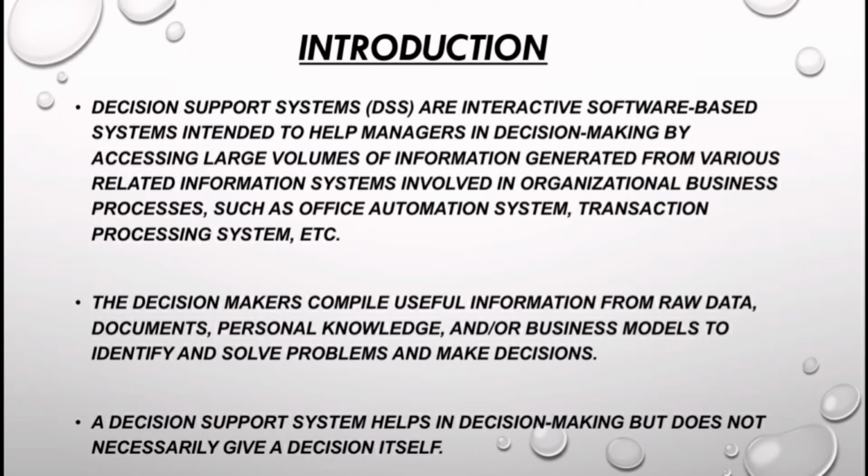A decision support system will not necessarily give a decision itself. If we need help from decision makers, we should initiate them and we will get the decisions from them.